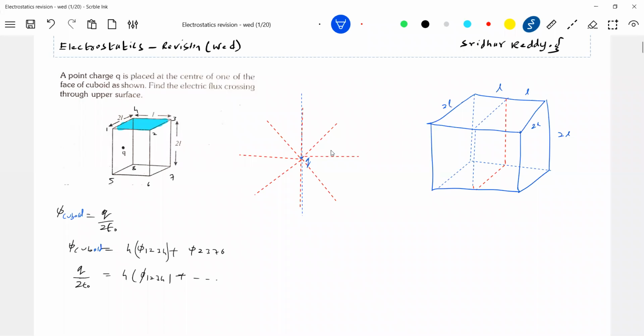This will be 2L. So here is the center, it will become, no? The flux linking 2, 3, 7, 6. Yeah. This will be L. It will become at the midpoint, no?